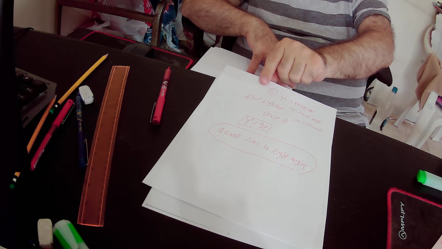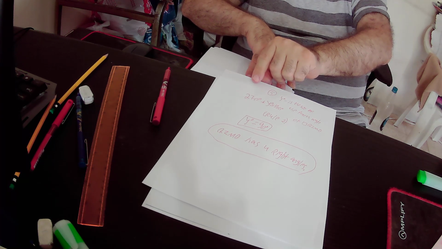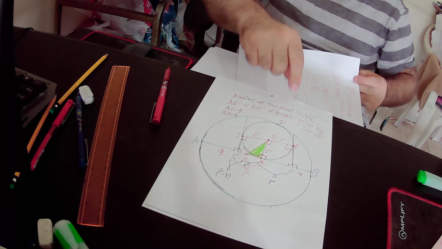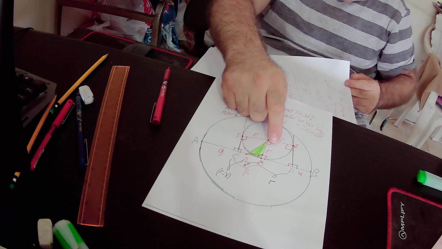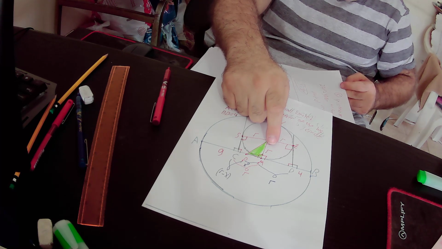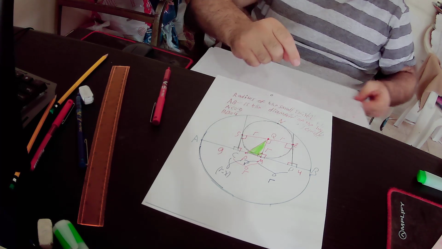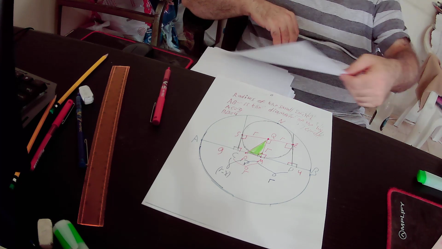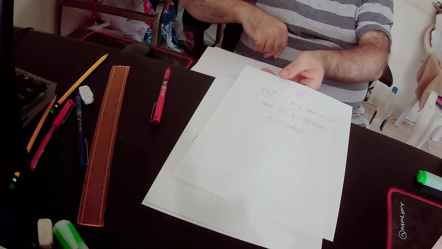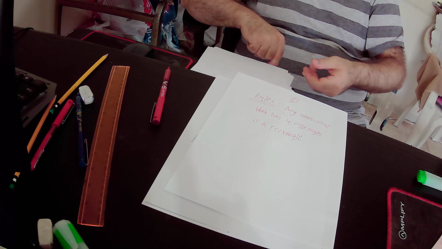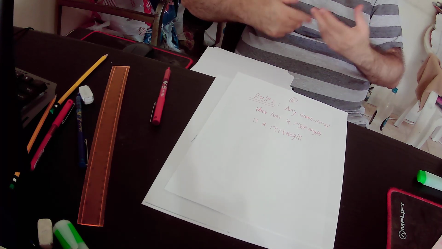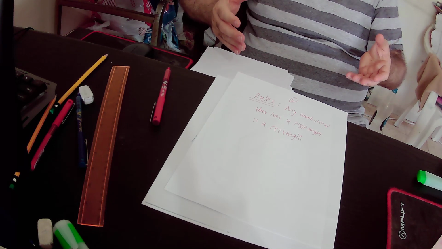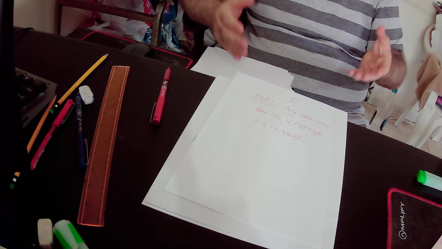So actually quadrilateral QZMD has 4 right angles, because this angle is also a right angle according to rule number 2. And we have rule number 3, which states that any quadrilateral that has 4 right angles is a rectangle, or if a quadrilateral has 4 right angles, then it is a rectangle.